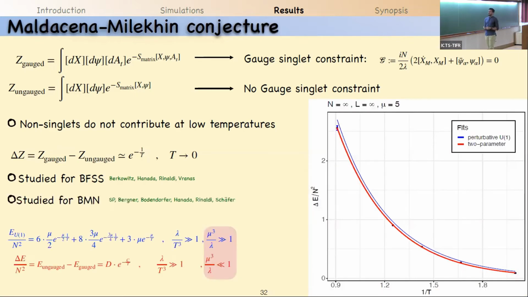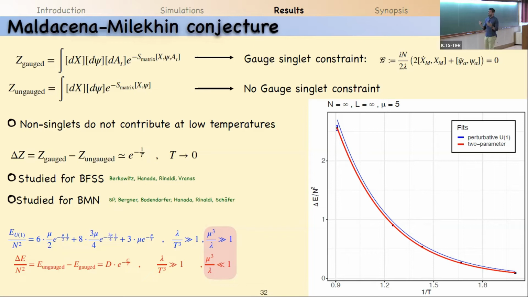And we find that indeed it seems to be promising. You can test this using different observables. For example, here I show the energy difference between the gauged and ungauged models, and you can see the points follow an exponential decay trend.